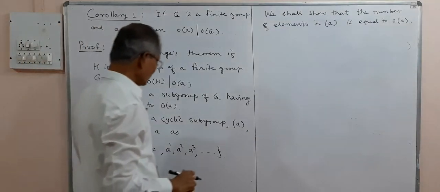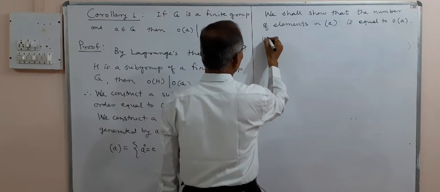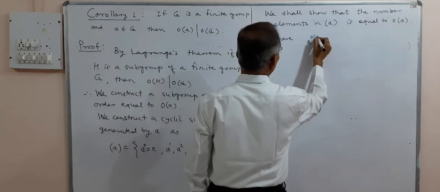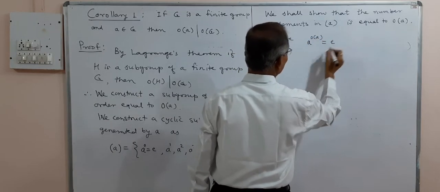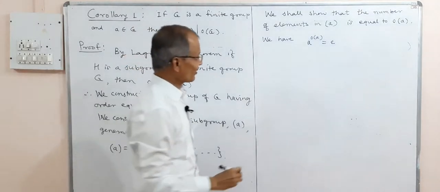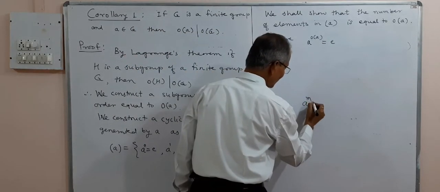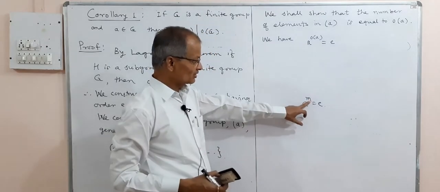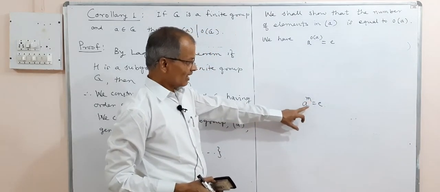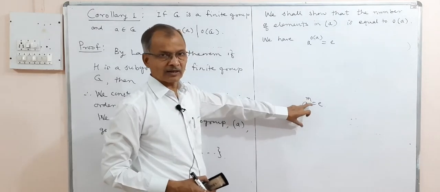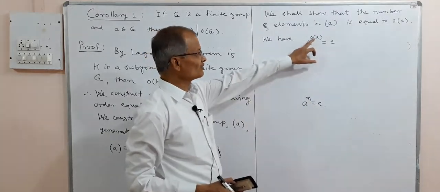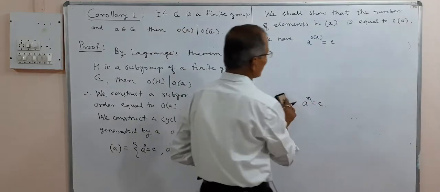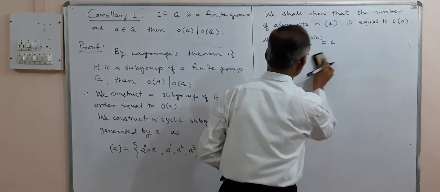Now see, we have a raised to the order of a is equal to the identity by definition. We have a raised to m equal to e. If m is the least positive integer, then m is the order of a, and a to the power order of a is equal to e.